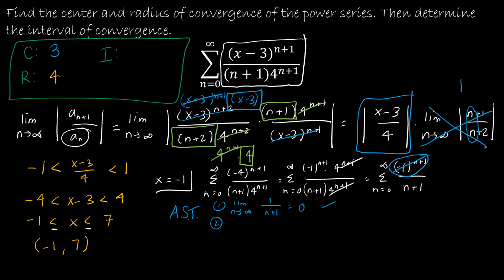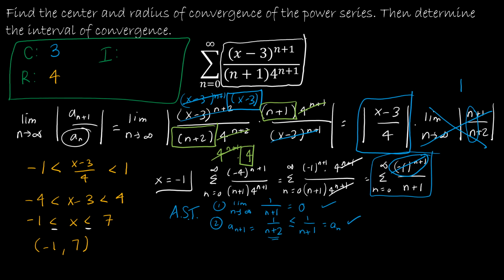The second condition for the alternating series test is to determine a sub n+1, and again that includes this function not including the -1, so that is 1 over n+2. And how does that compare to 1 over n+1, which is a sub n? And obviously if this guy is bigger, which it will be, then it's going to be a smaller overall fraction, so that would be less than or equal, and that condition is met.